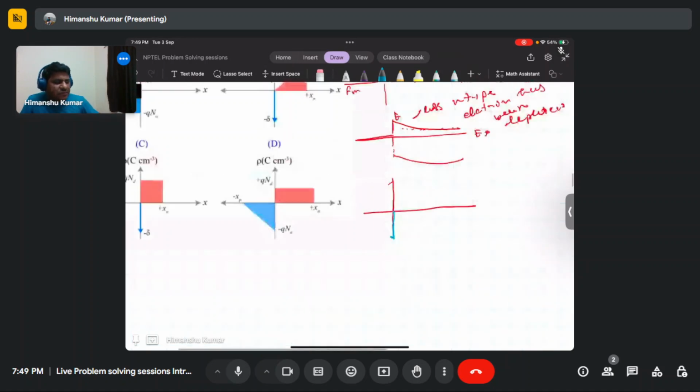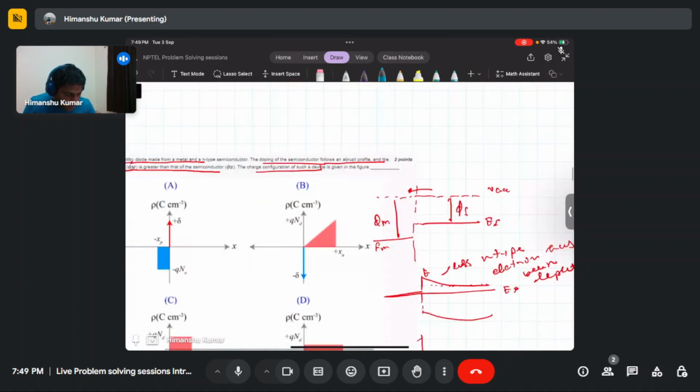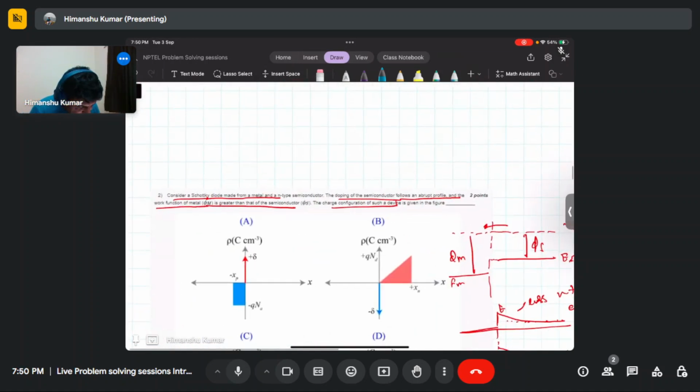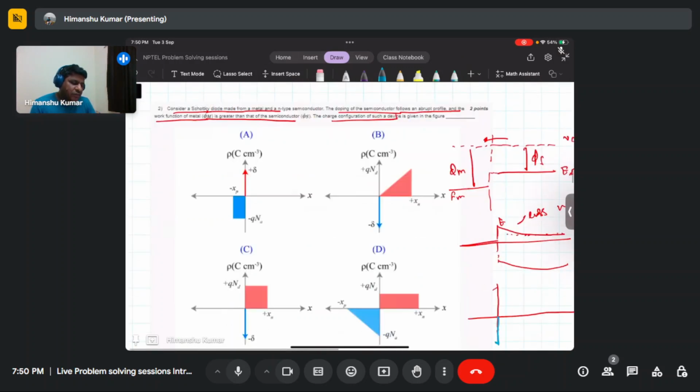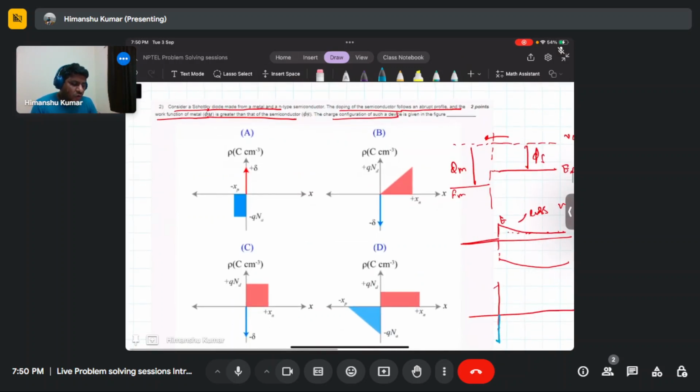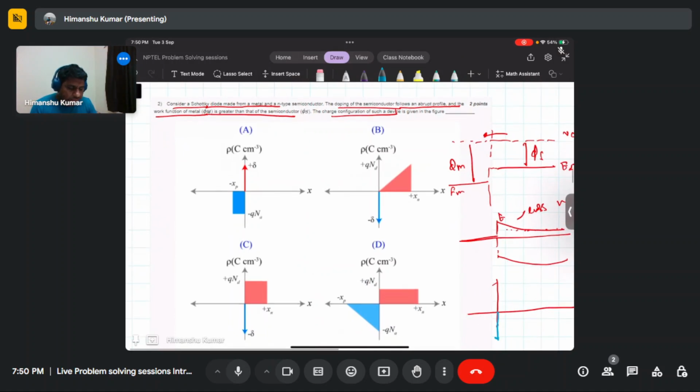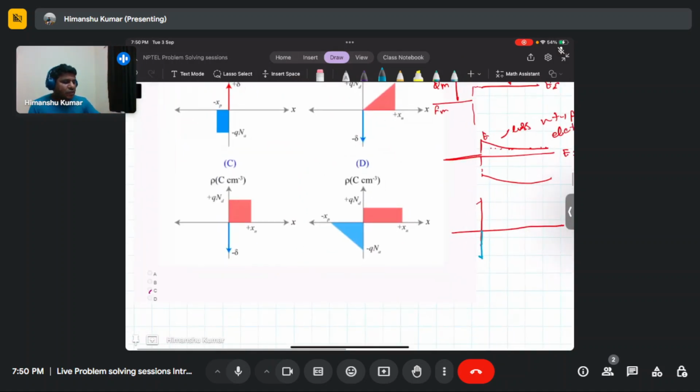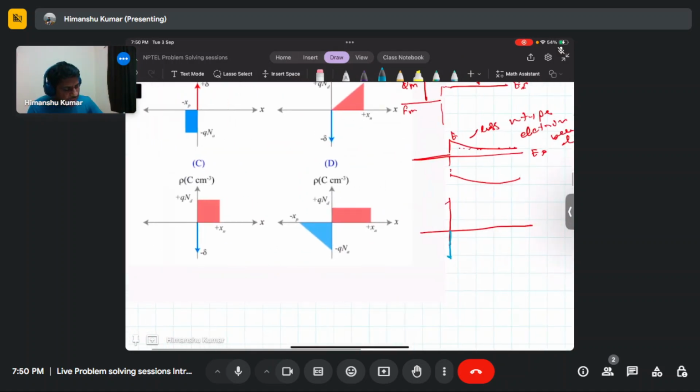Since we assume uniform doping, the N-type semiconductor follows an abrupt profile, and the charge density will be q N D on this side, and a similar total charge will be on the metal side.